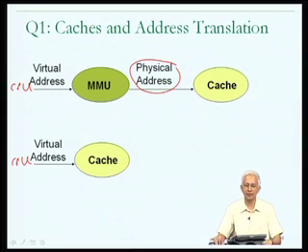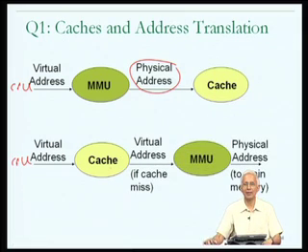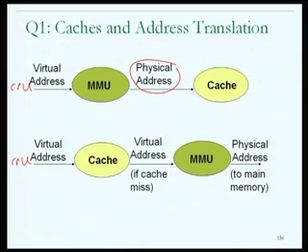You will note that in the second option there is the possibility of a cache miss, and in the event of a cache miss the data will have to be fetched from main memory, for which a physical address will be necessary. Therefore in the event of a cache miss in the second option there would be a need for the address translation to happen in order to generate the physical address for fetching the missing block from main memory into the cache.